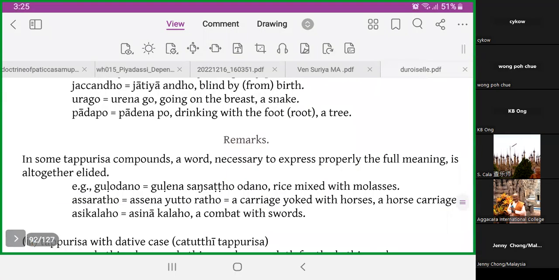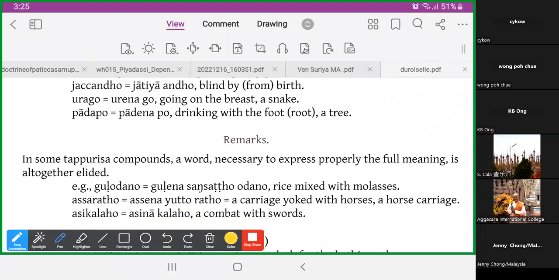Okay, now the next example will be this: ratho. Ratho is a carriage. And then asena, asa is a horse. Ena, so with horse. Okay, one horse or many horses.